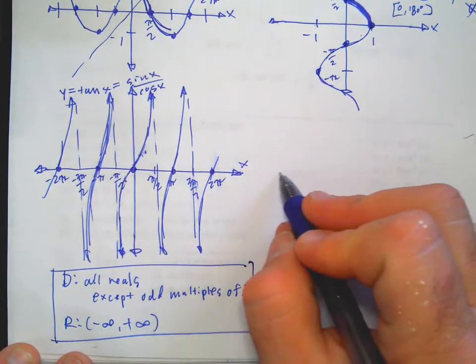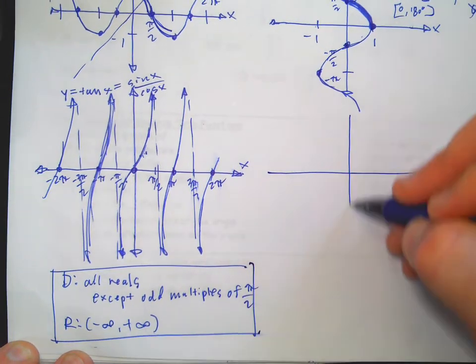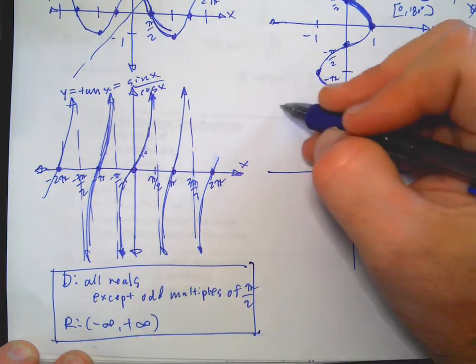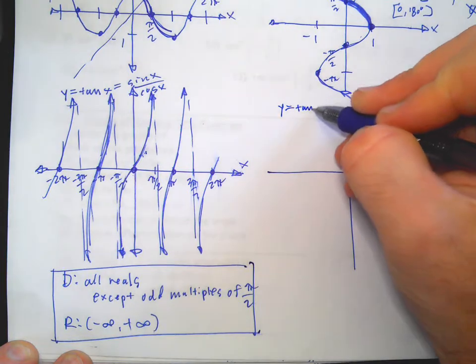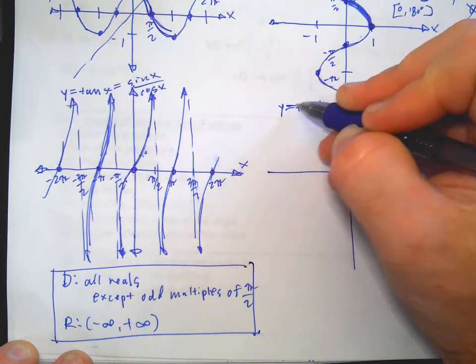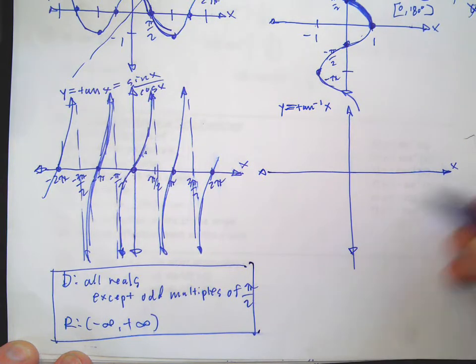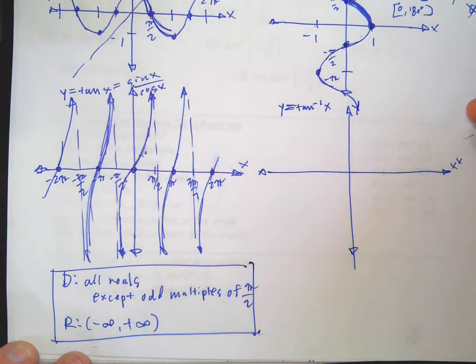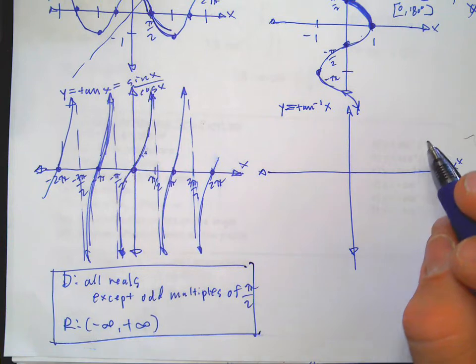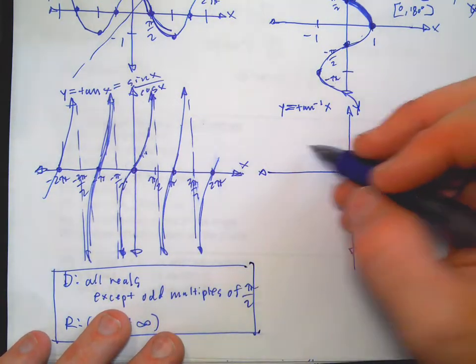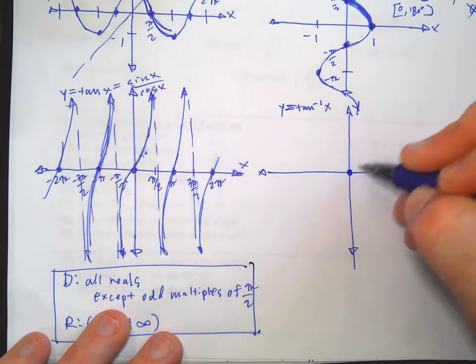So inverse tangent, which is different than cotangent. It's not cotangent. It's inverse. One thing we can do is we could just start, 0, 0 is going to be 0, 0.